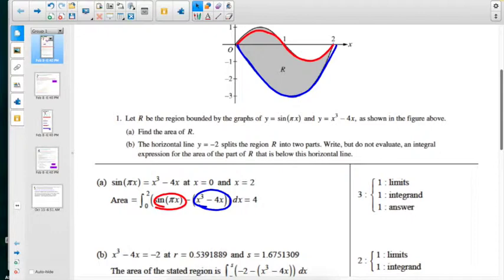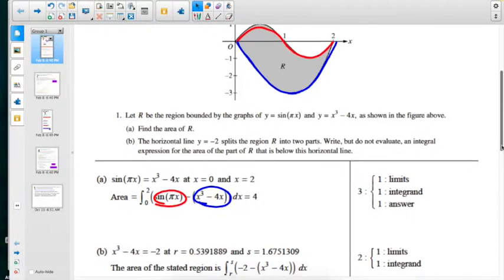You notice the answer here does not include units. I think most of us were putting unit squared on that. That's always a good thing to get in the habit of doing. Unit squared will always be accepted if there's nothing specified here. So I think it's just a good habit to acknowledge that we're dealing with area, and area always has some sort of unit squared.